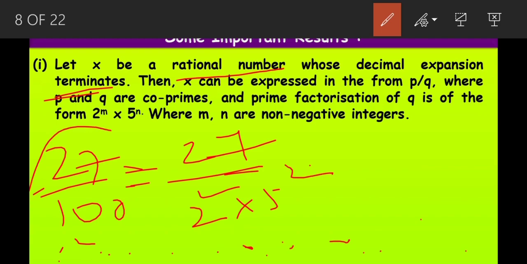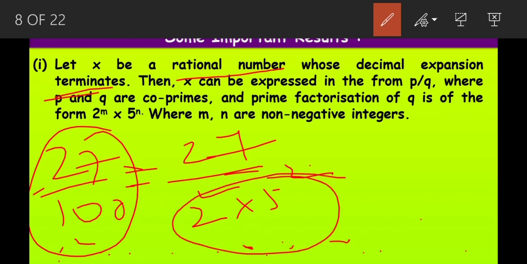So here 27 and 100 are co-primes, and q can be written in the form of 2 power m into 5 power n. This theorem is also derived from an extension of the fundamental theorem of arithmetic.